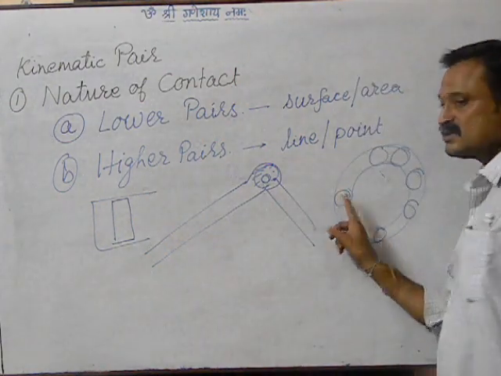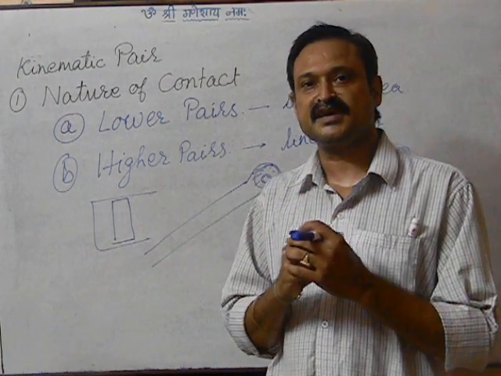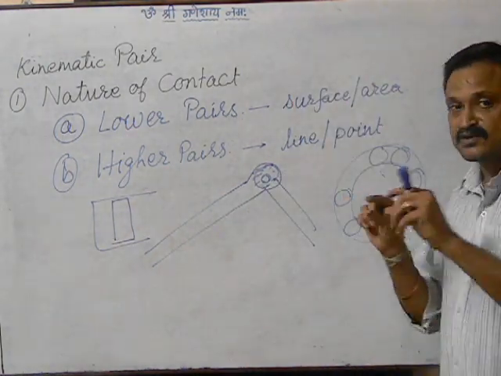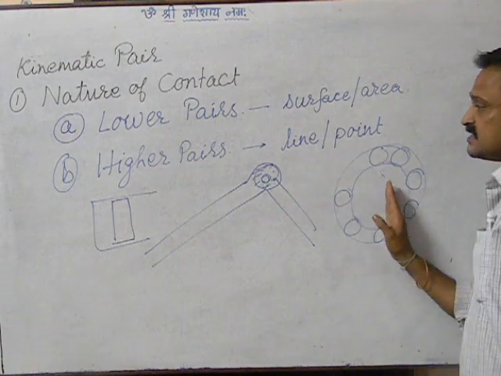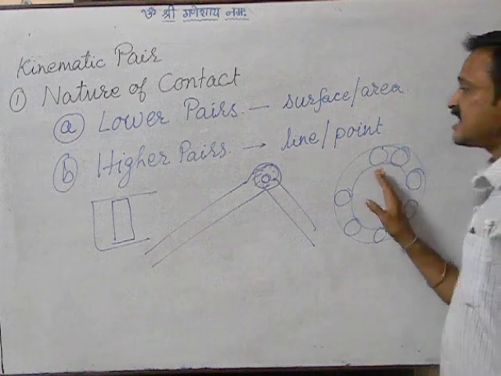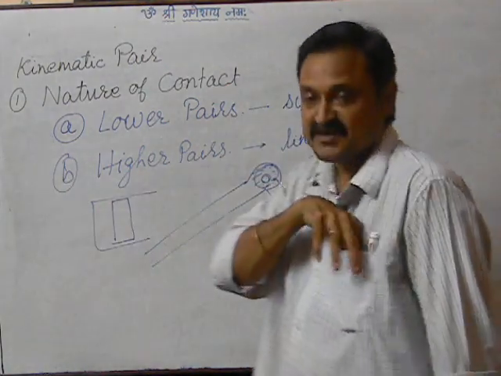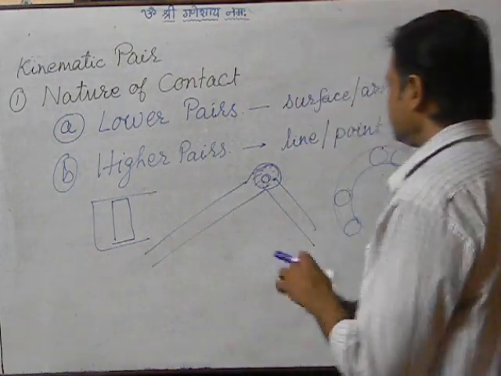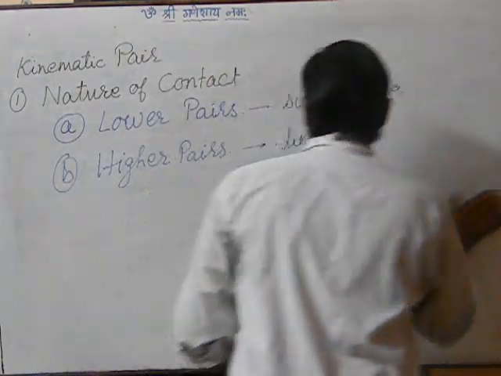In the case of a ball and socket arrangement, it will be point contact, and if it is a roller, then it will be line contact. This gets into the category of higher pairs. When we say higher pairs, the surface contact is reduced, so the friction will be lesser, whereas in lower pairs the friction will be quite high.